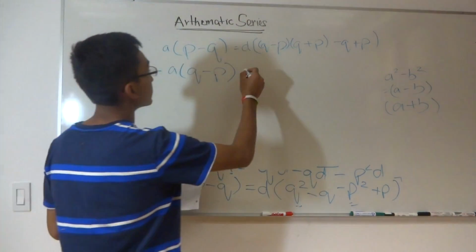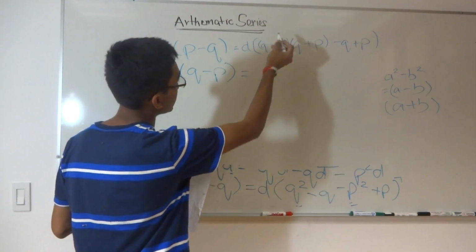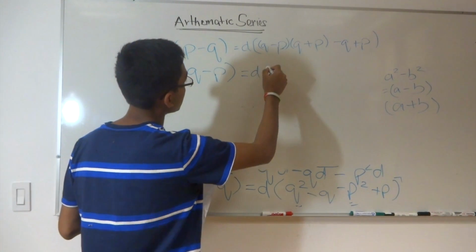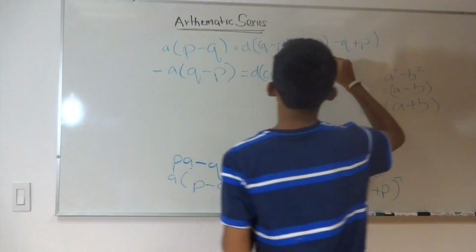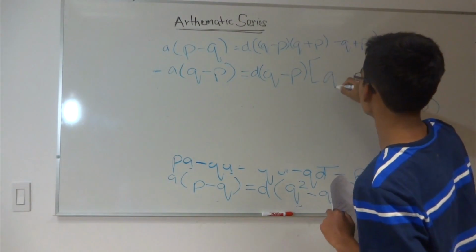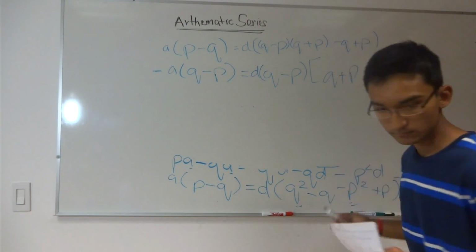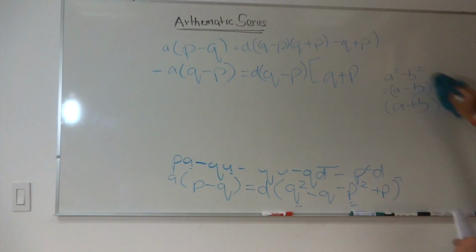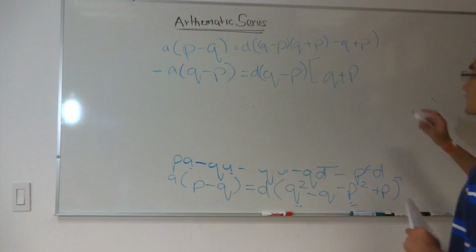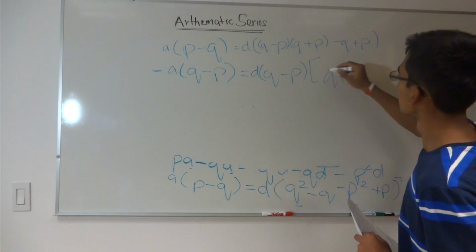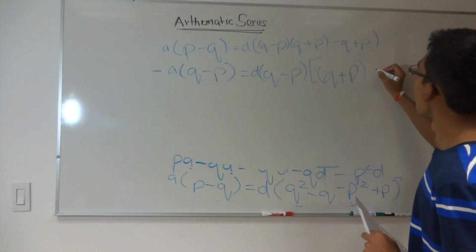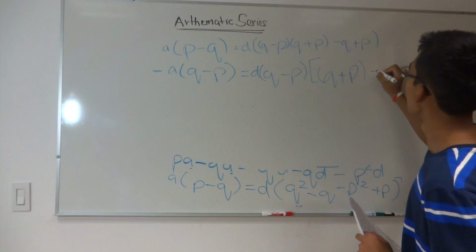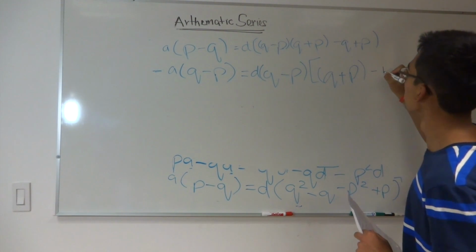So this is equal to, take q minus p as common, so d times (q minus p) times (q plus p minus 1).